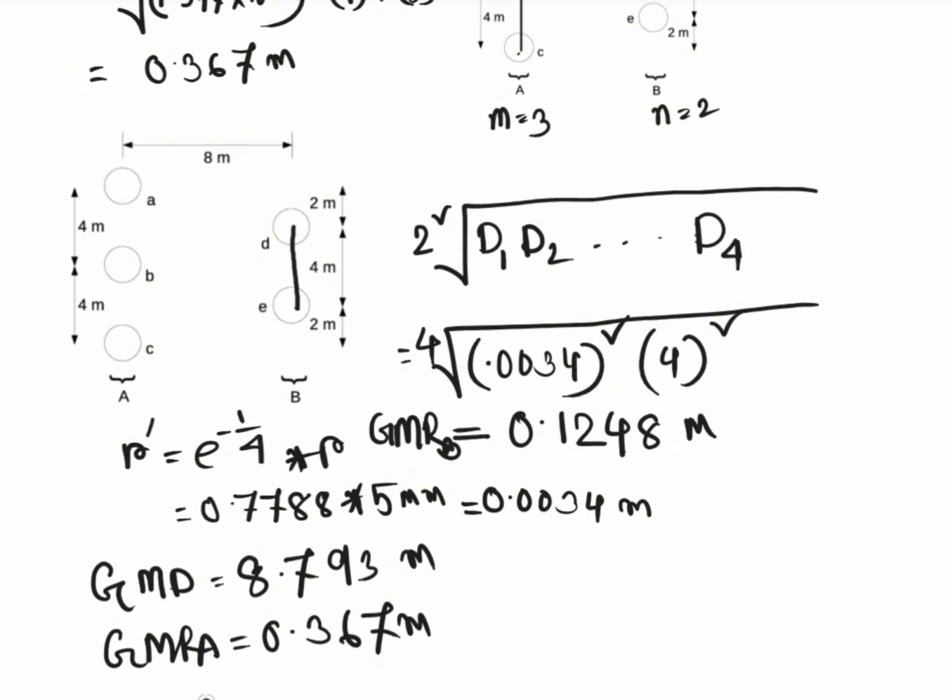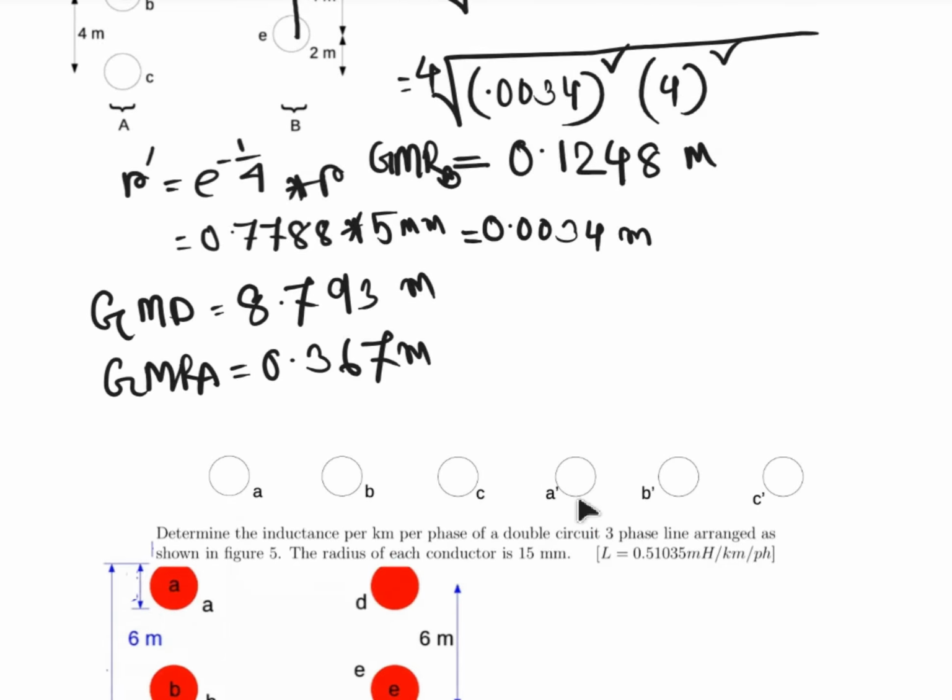And let's put it here, the value of GMRB, that is 0.1248 meter, right?